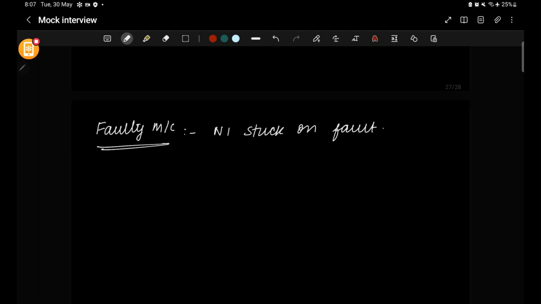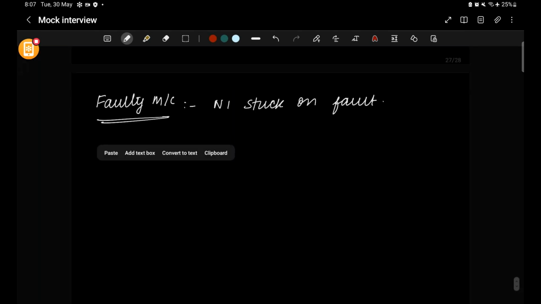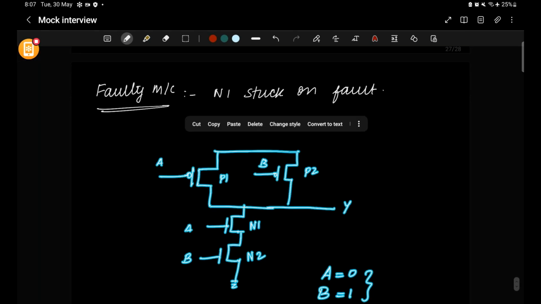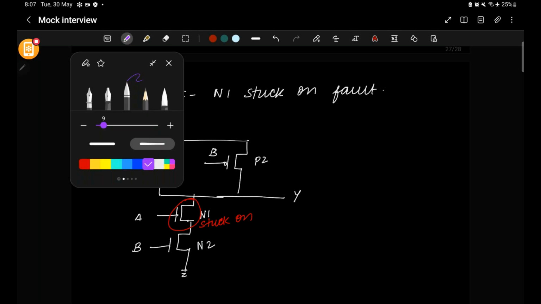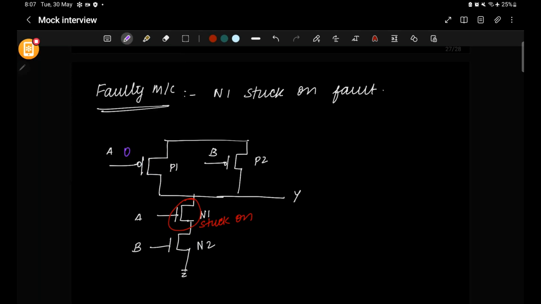So here if you see, assume that this N1 is stuck on. So what we are applying is A is equal to 0 and B is equal to 1.